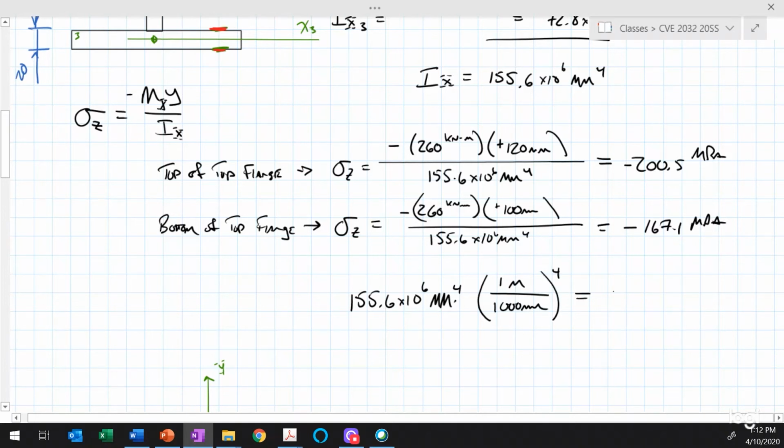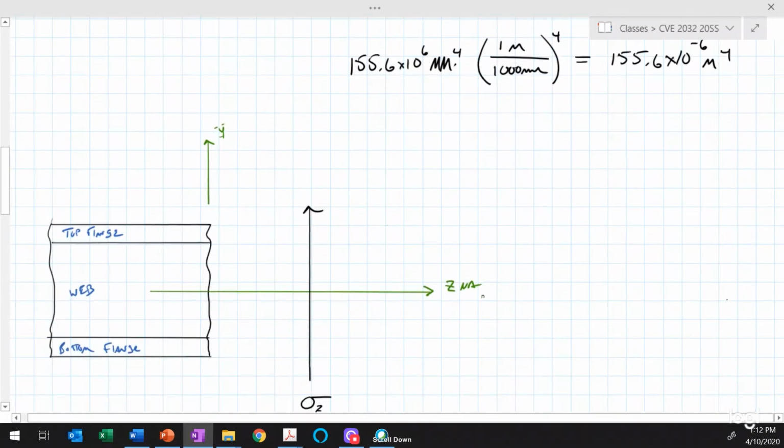So then this would actually go to 155.6 times 10 to the negative 6th meters to the 4th. So when you convert the moment of inertia in SI units, you have to be careful about that. It actually moves 12 decimal places when you make that conversion from millimeters to the 4th to meters to the 4th.